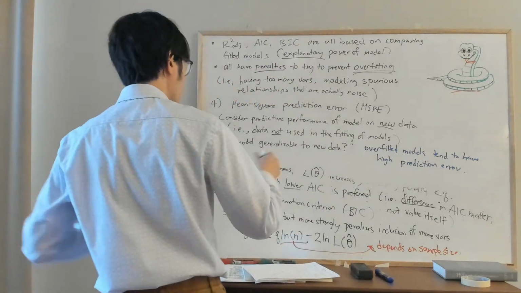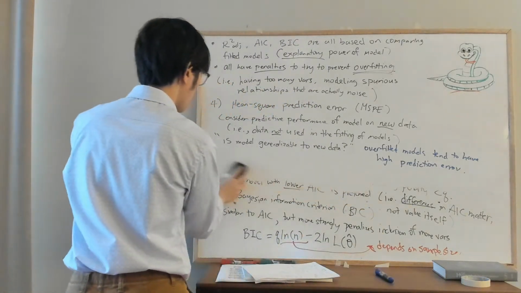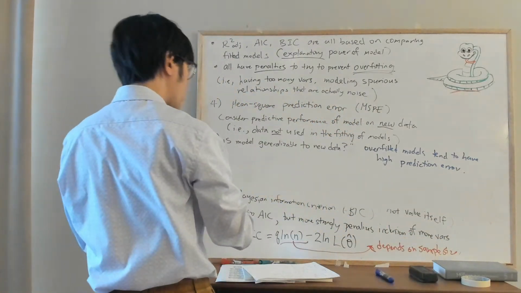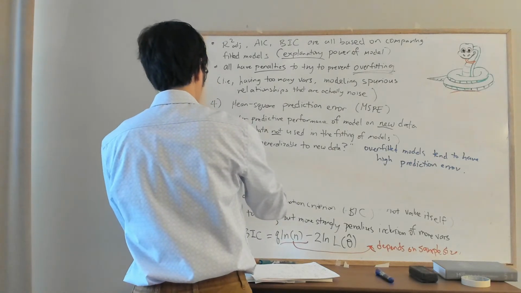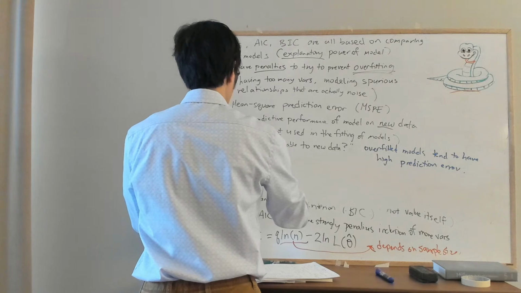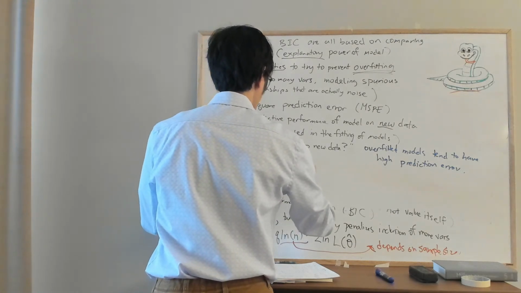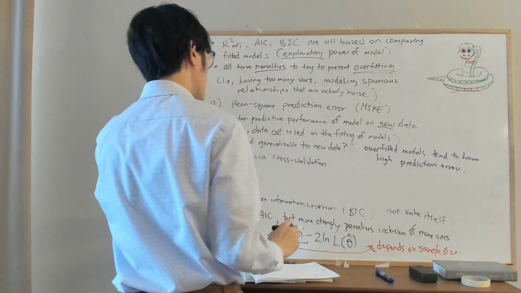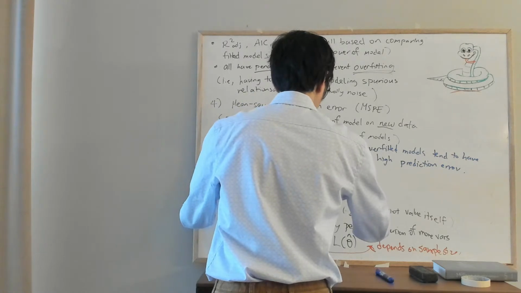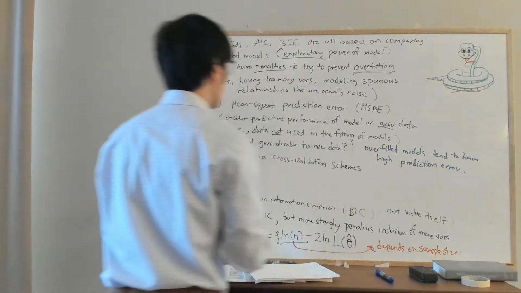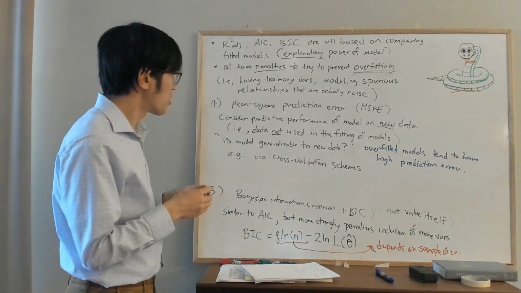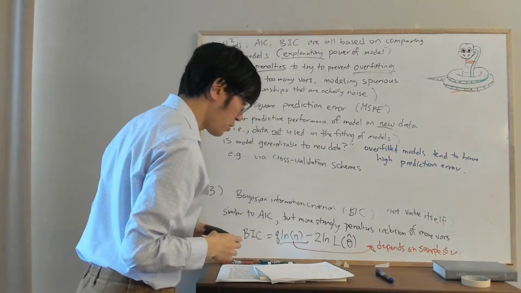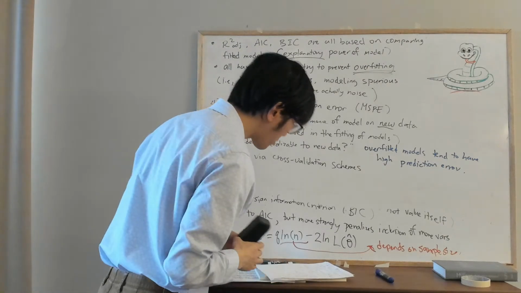Examples of schemes to do that, which we'll talk about in subsequent lectures, are cross validation techniques as a way to assess model performance on new data and their generalizability for doing prediction.